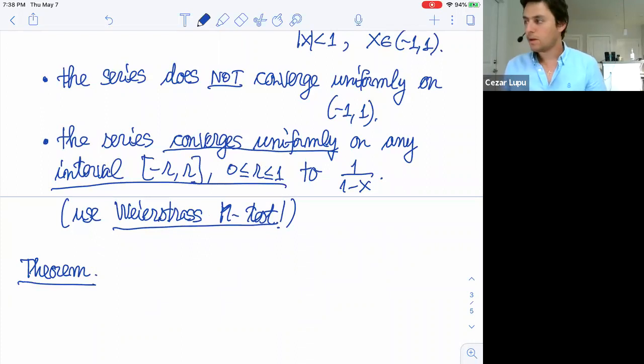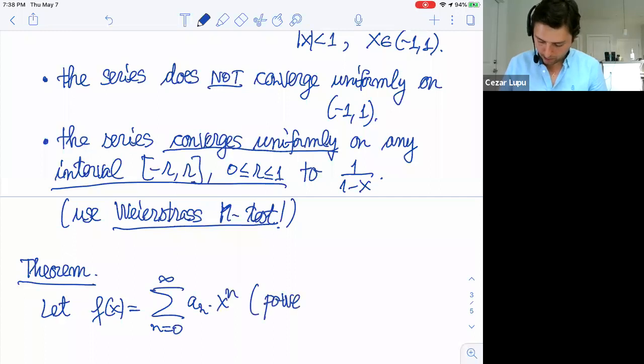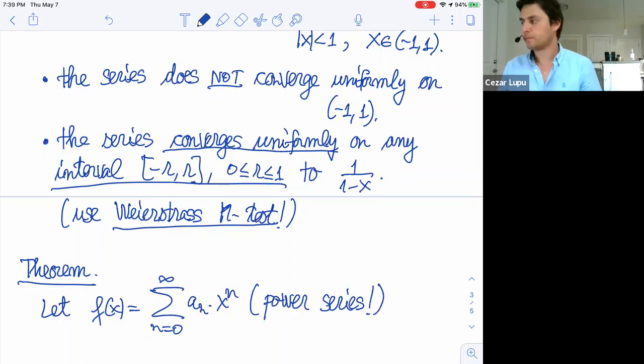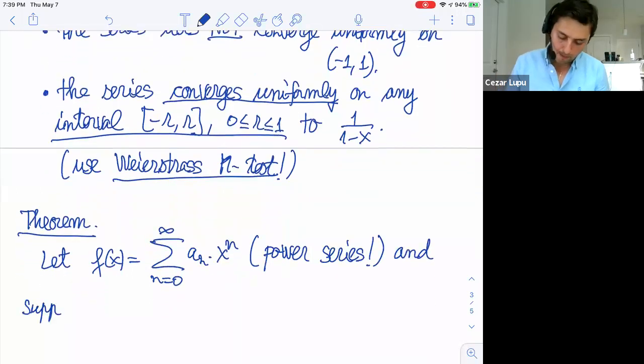It says the following: let f of x be a power series. Again, I'm writing here power series, right? And suppose that I have a point.